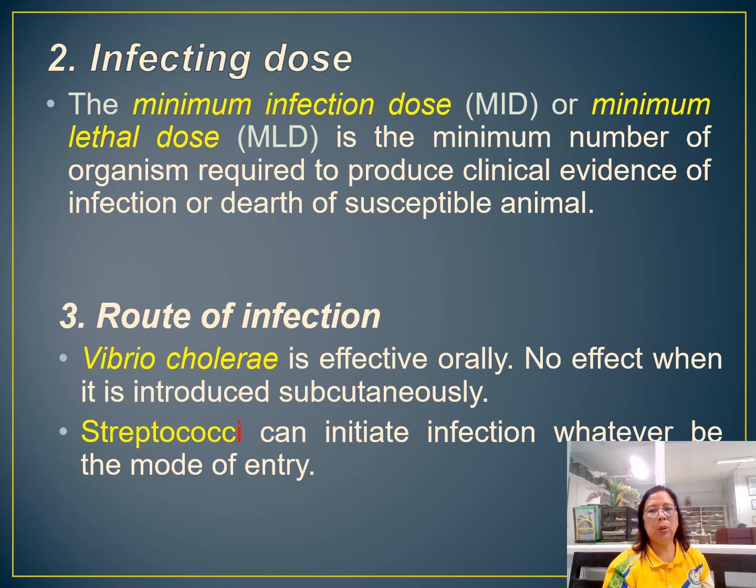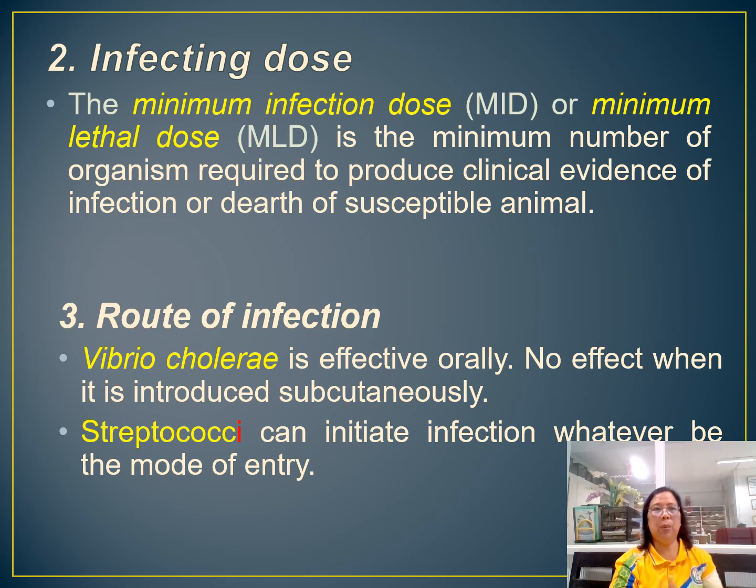Another is the route of infection. Let us take the case of Vibrio cholera. The Vibrio cholera is effective orally, but the Vibrio cholera could not produce cholera if they are only found on your elbow or even in your toes.